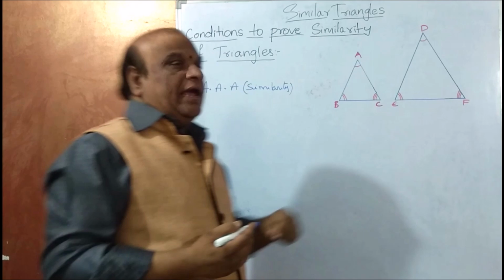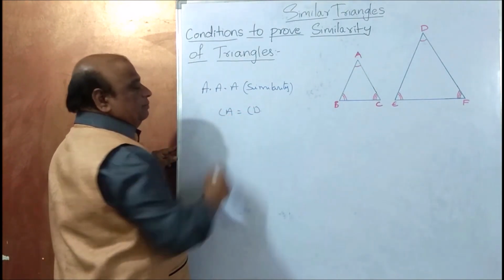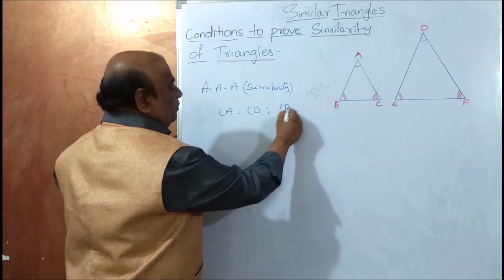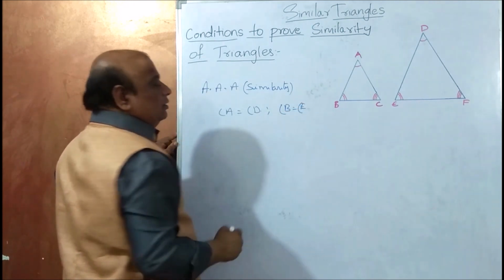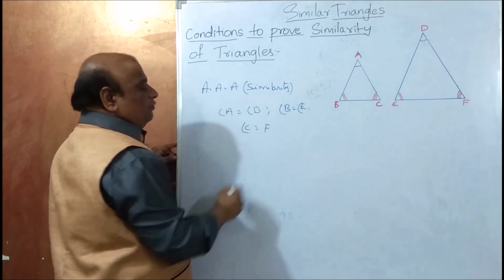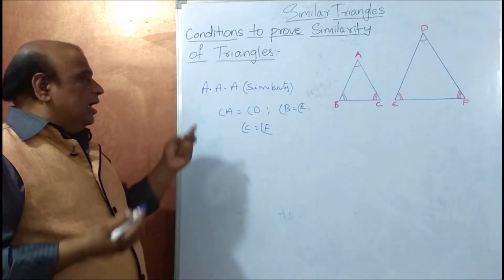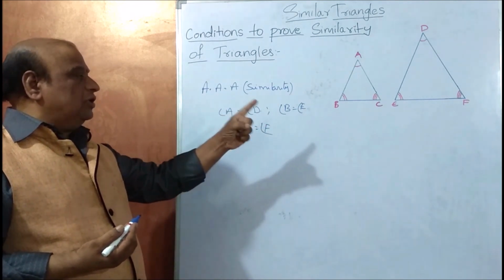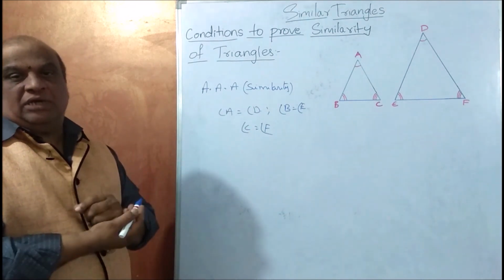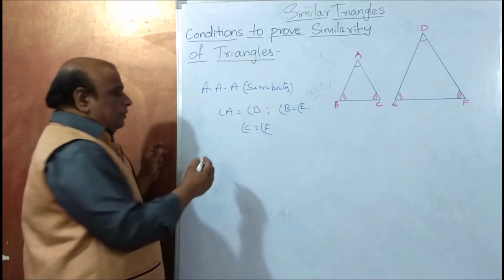We have to check angle A is equal to angle D, and next, angle B is equal to angle E, angle C is equal to angle F. If corresponding angles are equal, then we can say these two triangles are similar.